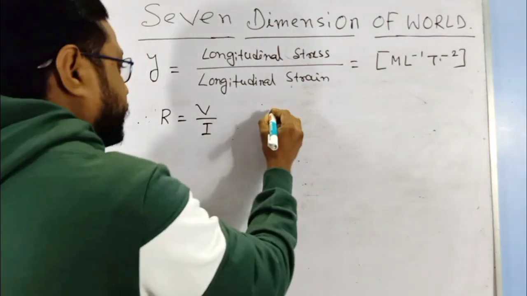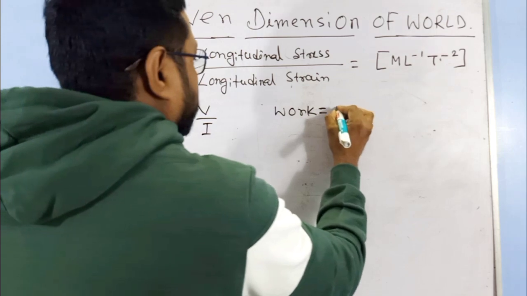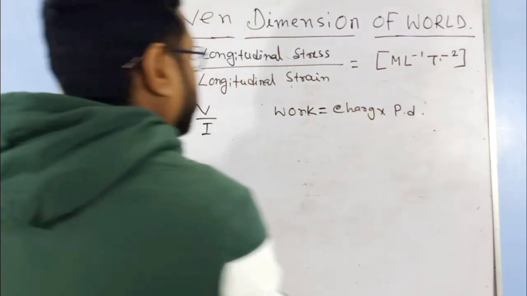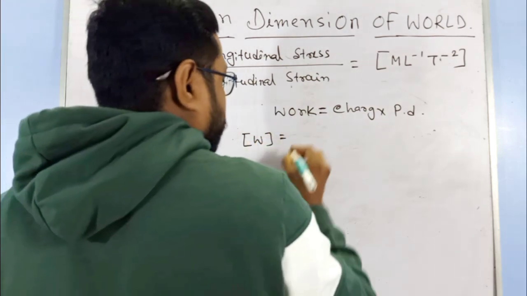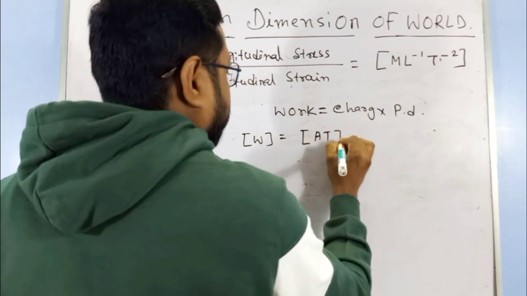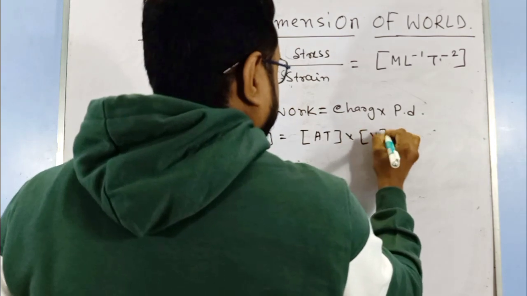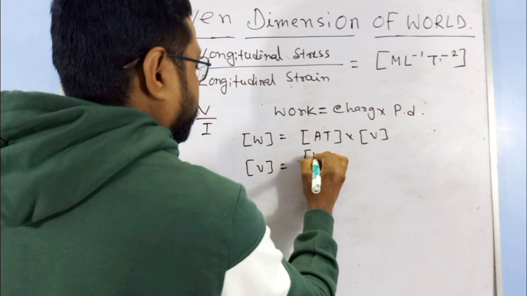Now work done must be equal to charge times potential difference, that is the dimension of W must be equal to charge, that is the dimension of AT, where A is ampere, times the dimension of potential difference V. So the dimension of V we can get as W divided by AT.